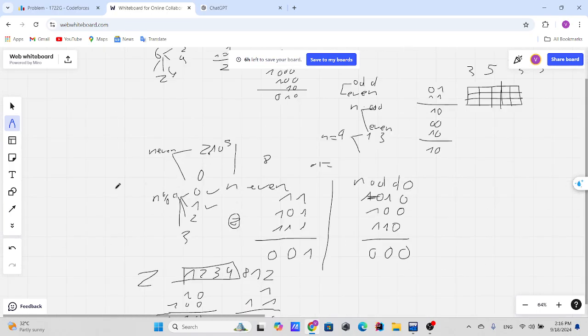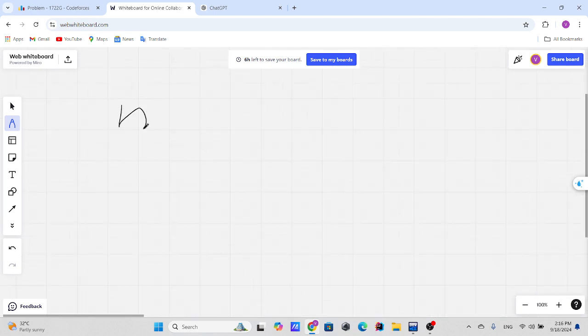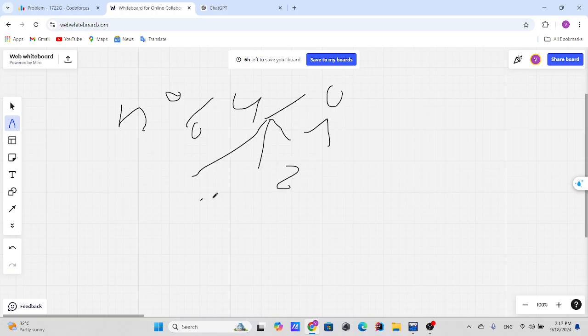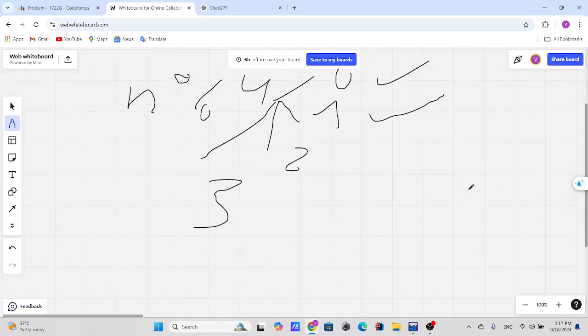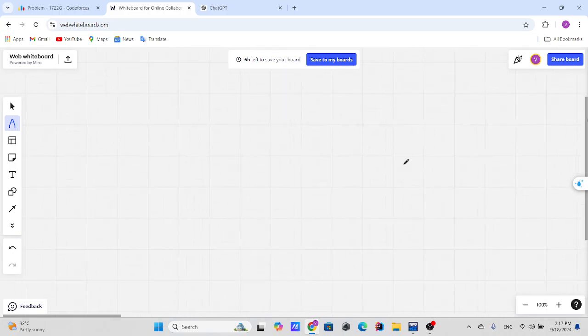I don't think that's the correct approach. So, 0, 1, 2, 3. 0 is also 1 and 0 is okay. How about 2 and 3? How can we solve it? Tricky as hell. Let's try, guys.